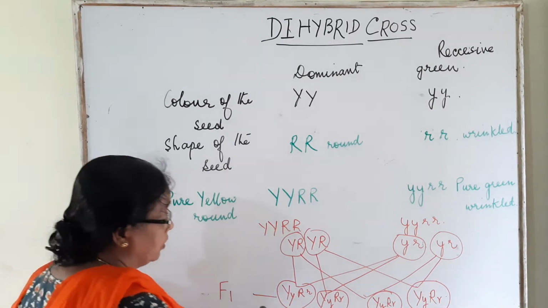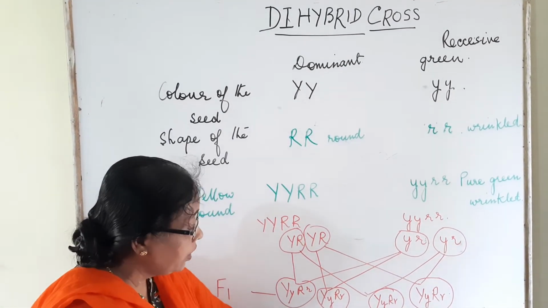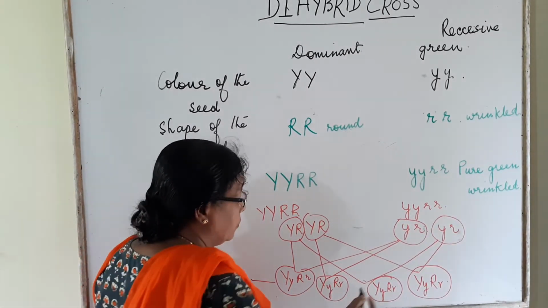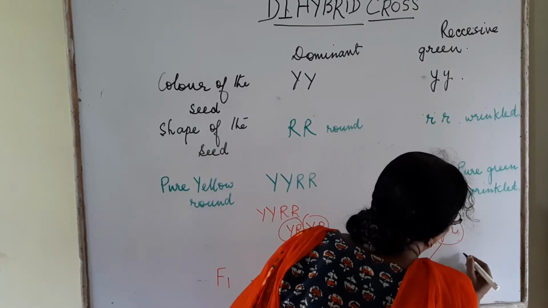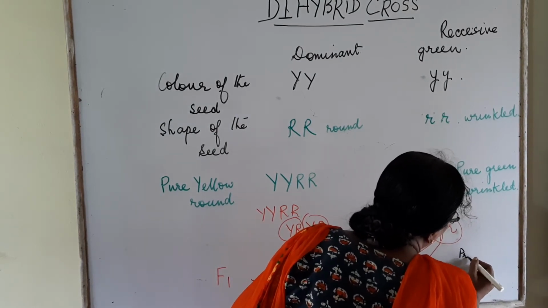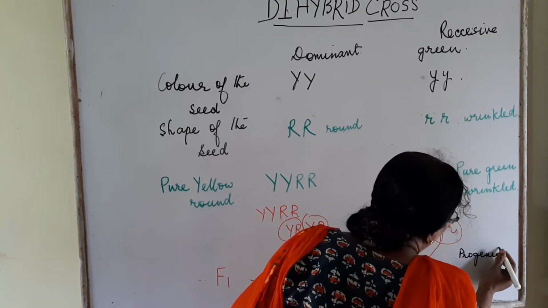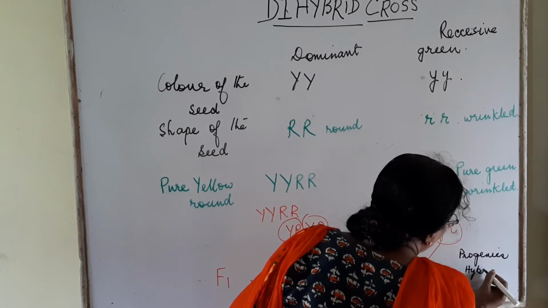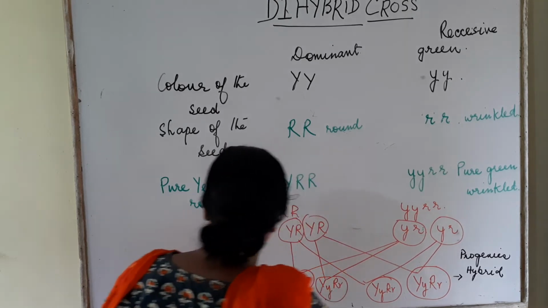On crossing, in the F1 generation Mendel got all hybrids that were round and yellow. So all the progenies were hybrid, and were round and yellow.